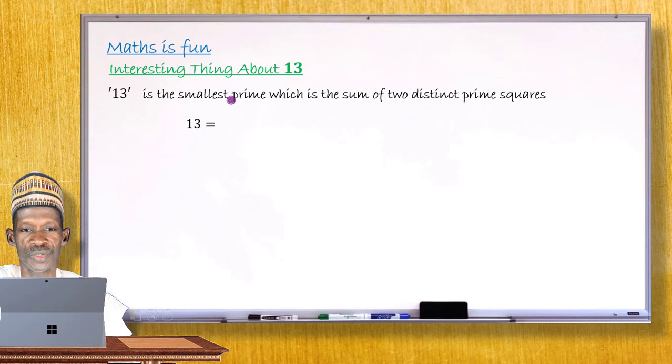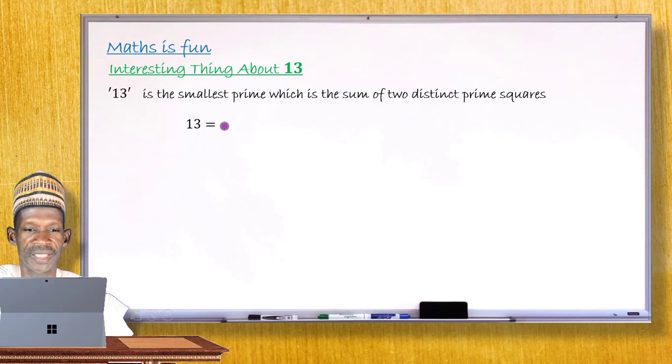Of course, there are other prime numbers that can be expressed as the sum of the squares of two prime numbers, but 13 among them is the smallest, which means all other prime numbers before 13 cannot be expressed as the sum of squares of two prime numbers.